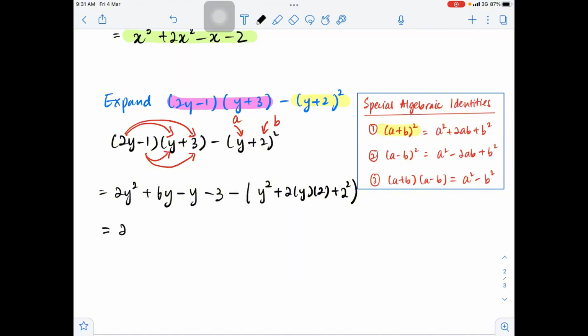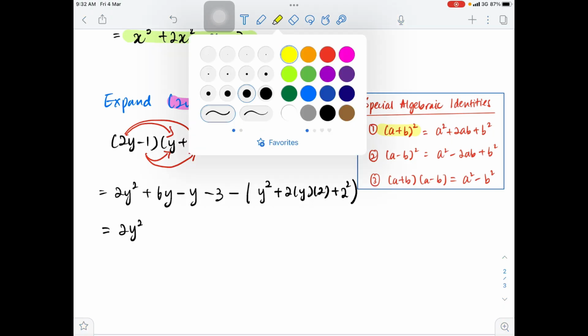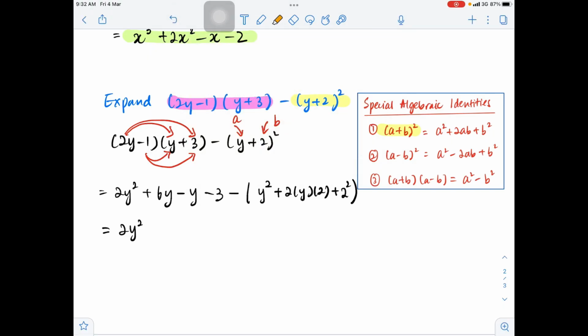Okay, let's try to simplify by collecting the like terms. Here we can observe that we do have some like terms. We have 6y minus y, which we can further simplify to 5y. And if we simplify what's inside the bracket here, we have y squared plus 4y plus 4.